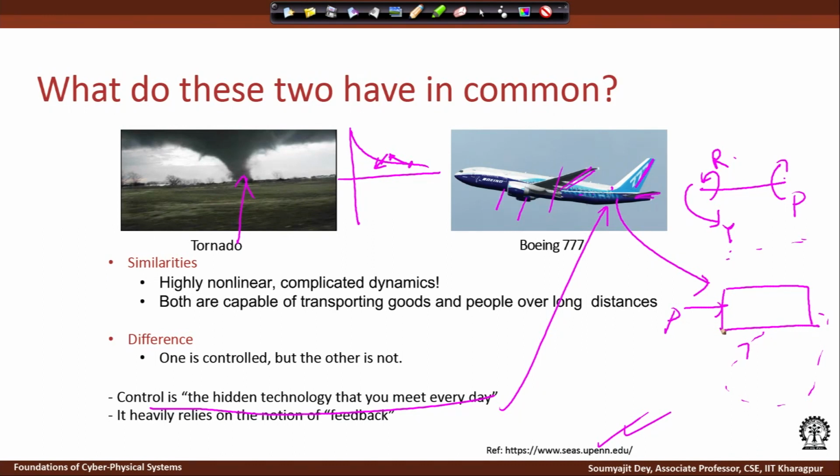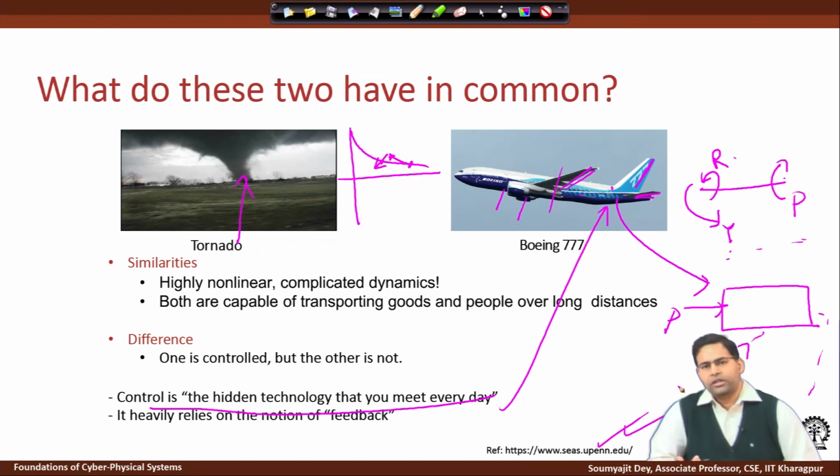So, control works at various levels, that is the point I am trying to make. There are high level control loops, lower level control loops, and even lower level control loops. Every high level control loop gives a reference to a lower level control loop, which can give a reference to an even lower level control loop. That is how it works in nature, and in every complex engineering system that we have around us.